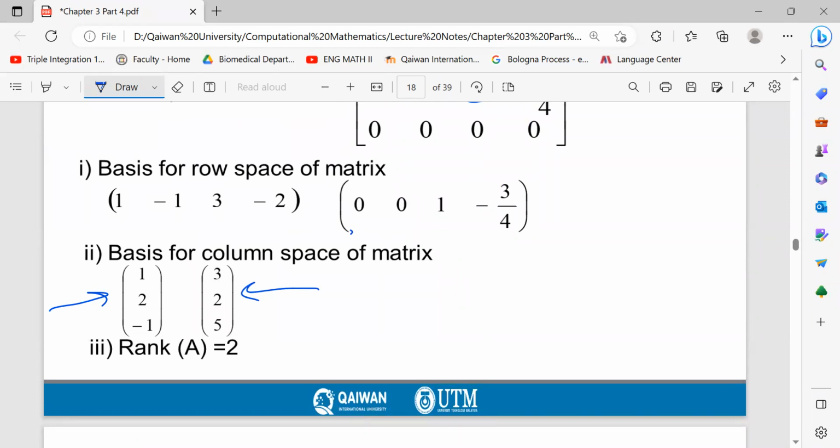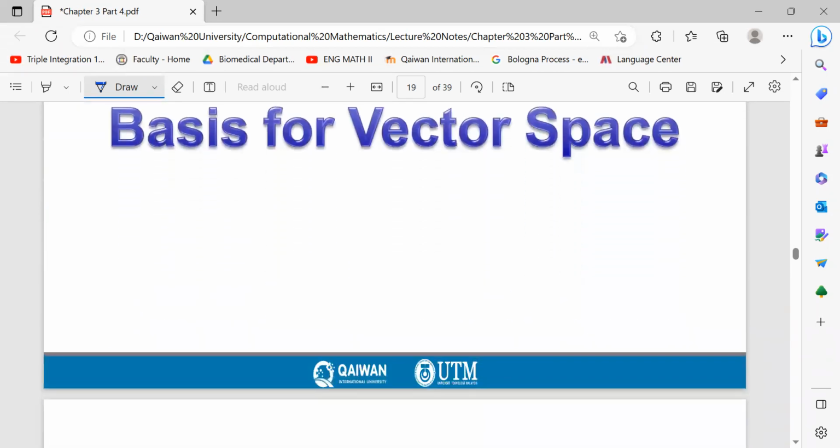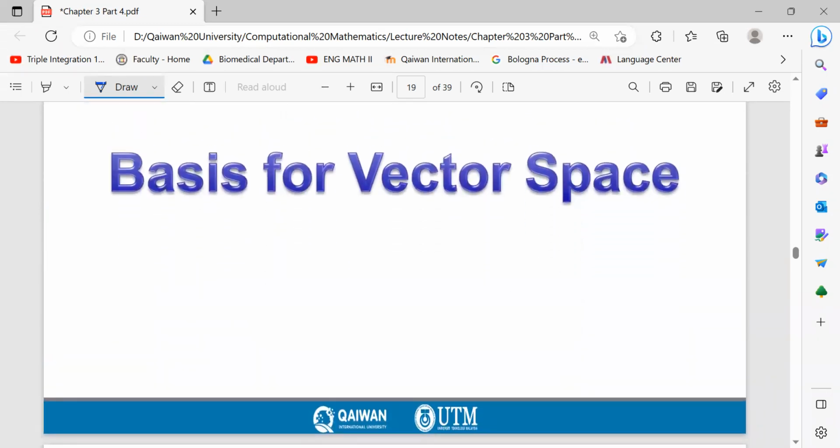So what's the rank of the matrix? It's 2. Okay, be careful here. You must get the same number of bases for the row space and for the column space. As you see here, we got 2 for both. In the previous ones, we got the same.